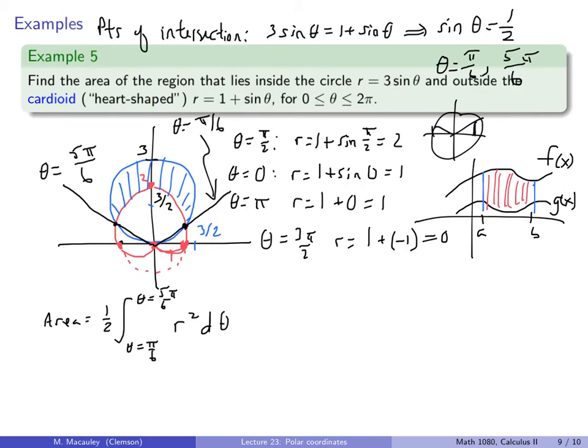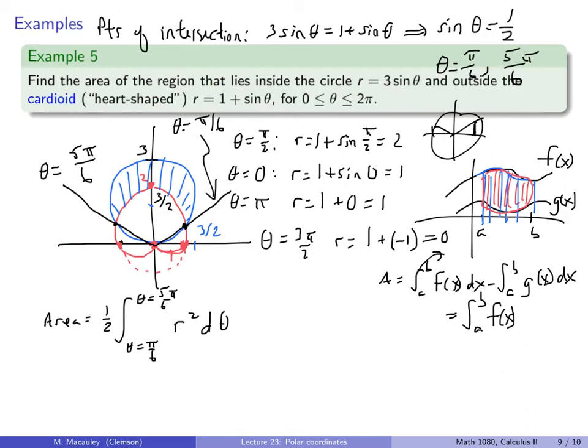You can think of that as the blue area minus this red area. So in other words, in this case, area is the integral from a to b of f of x dx minus the integral from a to b of g of x dx, or we can write this in a single integral as f of x minus g of x dx.